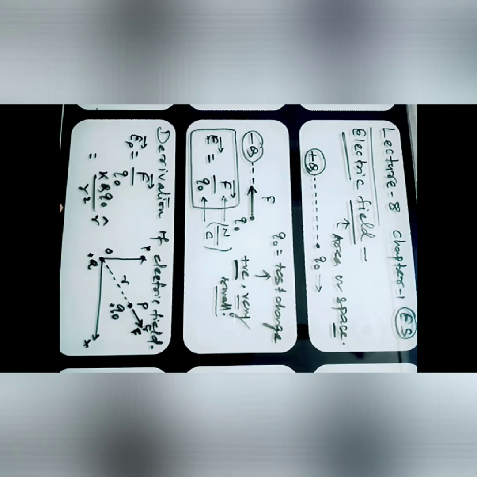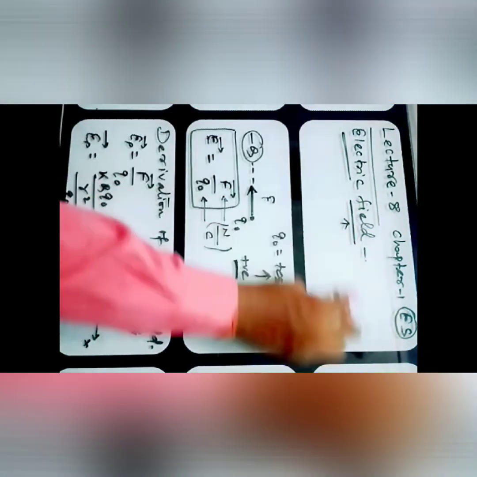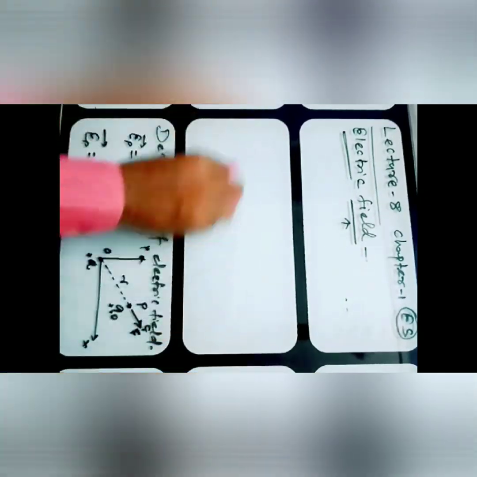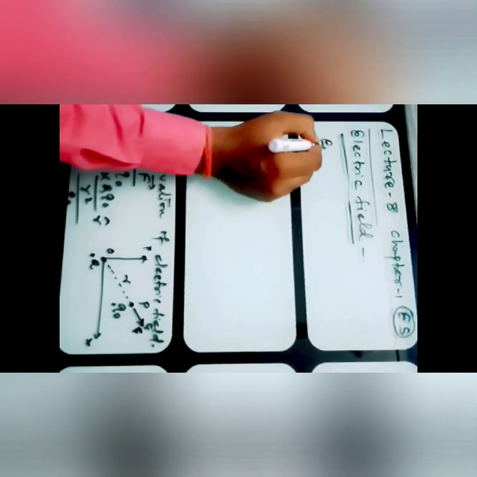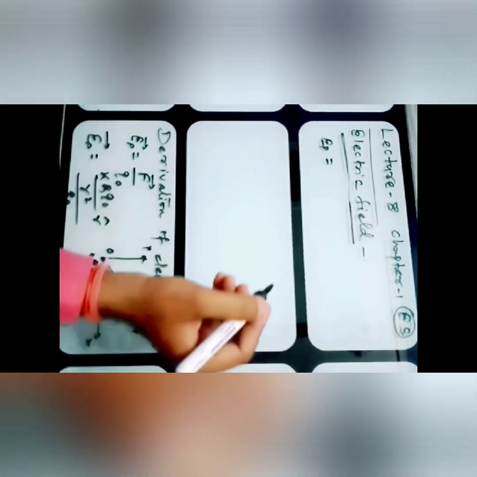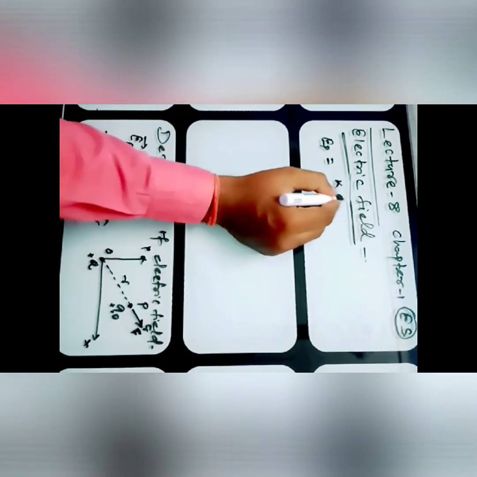Per unit test charge, so divided by Q naught, it is the electric field at point P in vector form. Now students, you can write E_P, that is the electric field, is equal to, thus Q naught will be cancelled out, kQ over r square and the unit vector r cap.